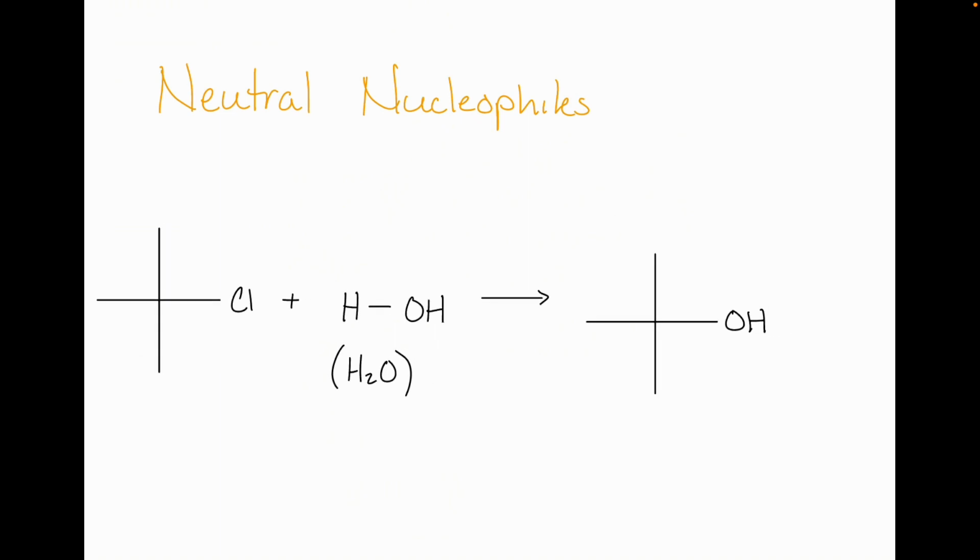All right, so if I was being good, I would show that my other product in this case was HCl. But importantly, notice that my nucleophile here, we still call it a nucleophile, water, forms a new bond with our electrophile, the carbon at the base of that halogen. And we still kick off that leaving group.